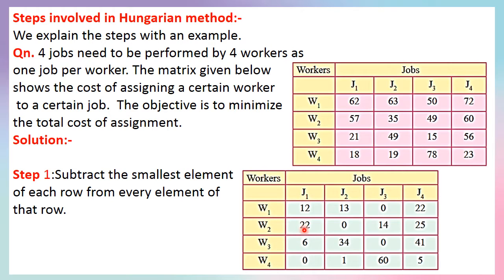Second row, the minimum element is 35. After subtracting we will get 22, 0, 14, 25. Then the third one, minimum element is 15. After subtracting we will get 6, 34, 0, 41. And the last row has the minimum element 18. After subtracting we will get 0, 165.